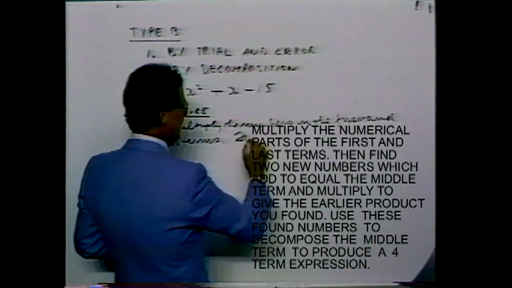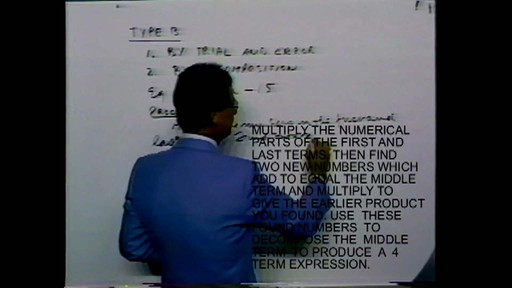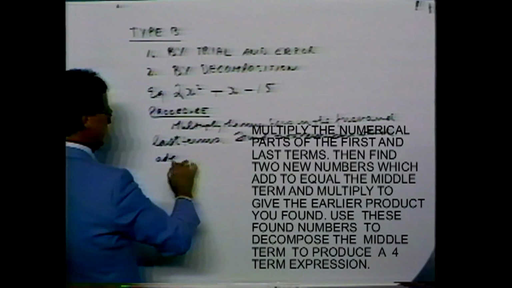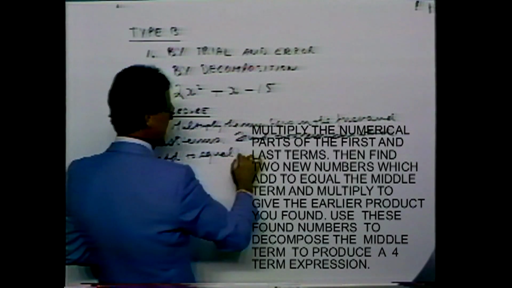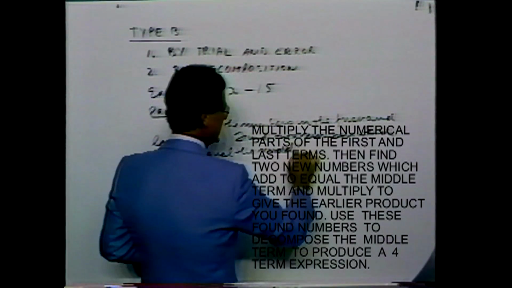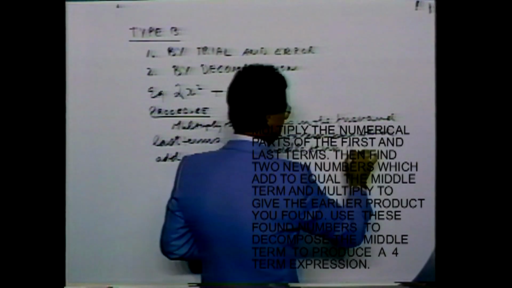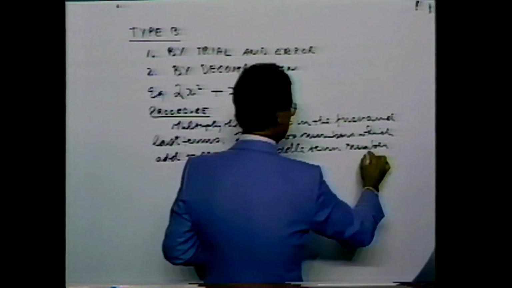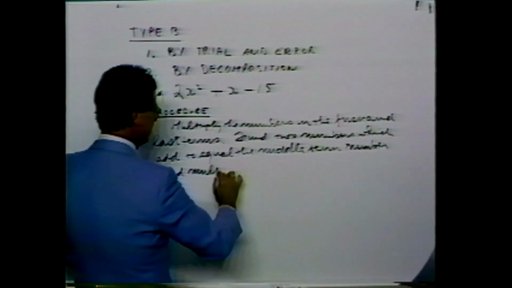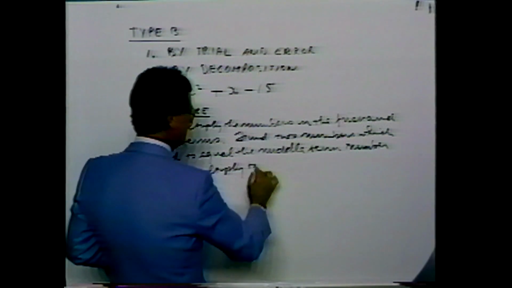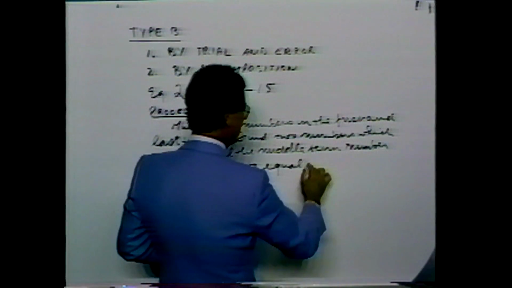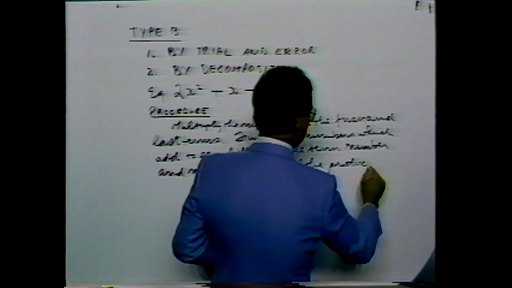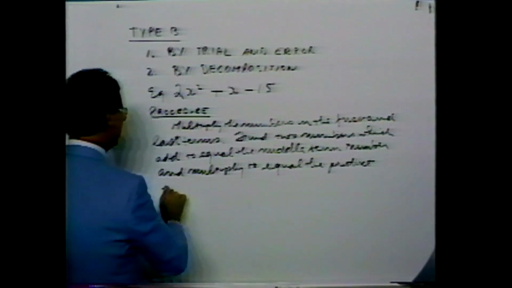So now find two numbers which add to equal the middle term number and multiply to equal the product found in the first step.